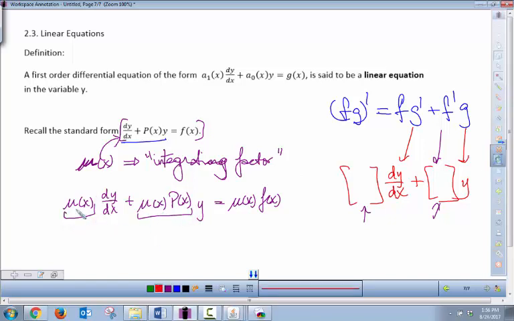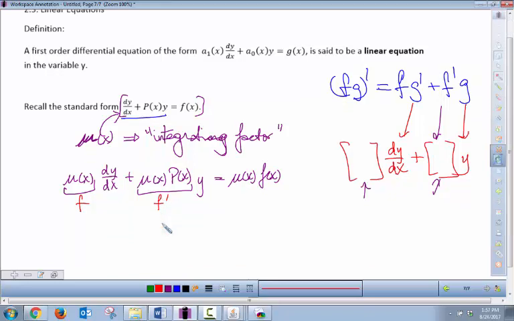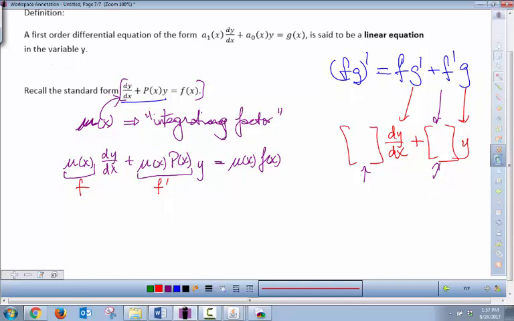If we can somehow turn this into f and f prime, then we can make it look like a product rule. So how's that product rule going to look? It must be the derivative of mu of x times y, also a function of x.